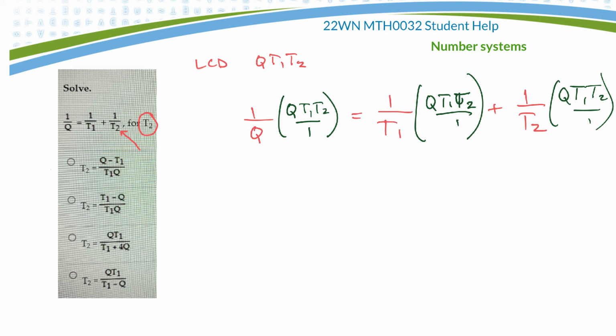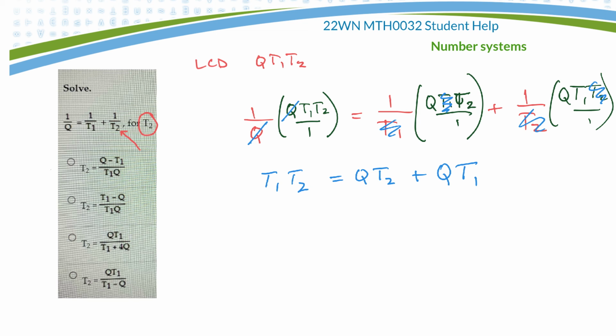So in the first one, it looks like the Q's cancel, so I'm just left with T1 T2. Notice now in the next fraction the T1 cancels, so this will be Q T2 plus, T2 cancels, so this one will be Q T1. Whew, there.